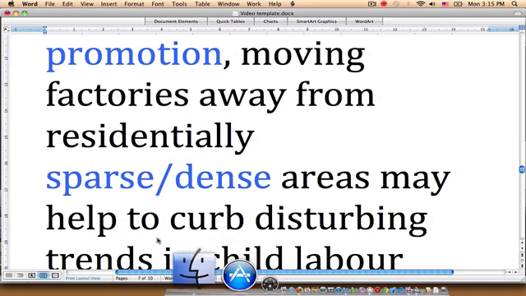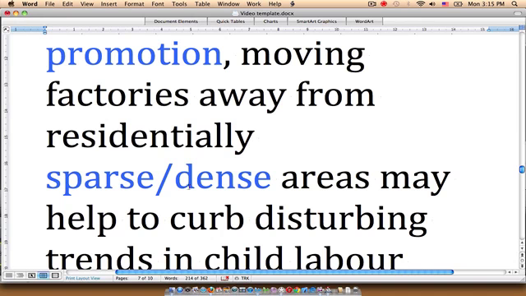Now, these two words, sparse and dense, have opposite meanings. Sparse refers to something that is not particularly dense. So people who live sparsely would live in an area where they do not live close together.